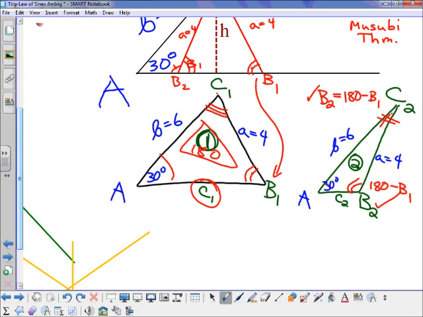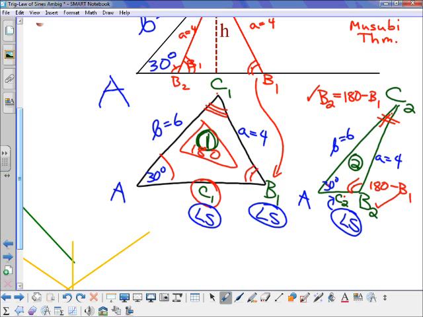Once we have that, we can use law of sines one more time to figure out side C2. So in reality, at most, we're using law of sines 3 times. Okay, we're going to use law of sines to figure out B1 and C1, and then we're going to use law of sines to figure out C2.